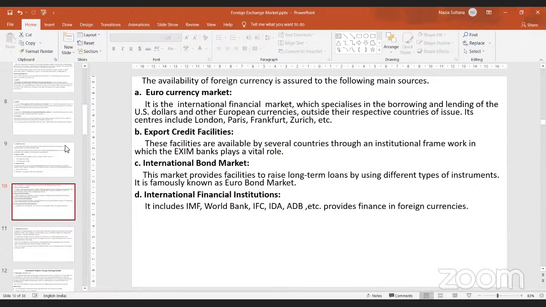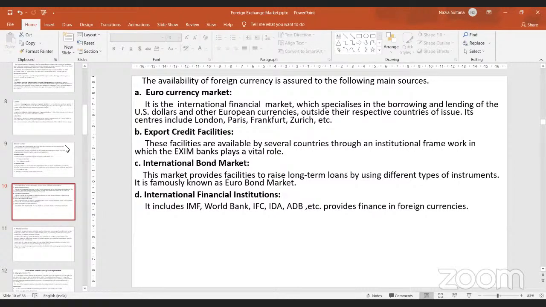Then the money can also flow from your bond market. Countries of the world also operate through something called a bond market, which will provide facilities of raising long-term loans. Long-term loans, bond market you can take, individuals can take, corporate houses can take, entrepreneurs can take. You can invest in the bonds of a particular company in the international market through your communication networks.